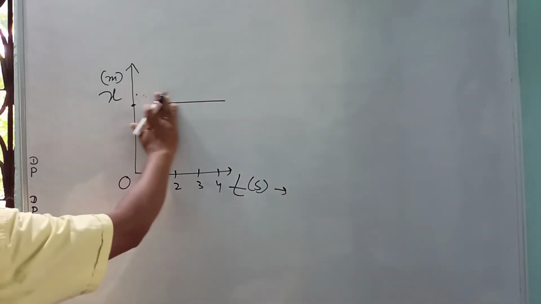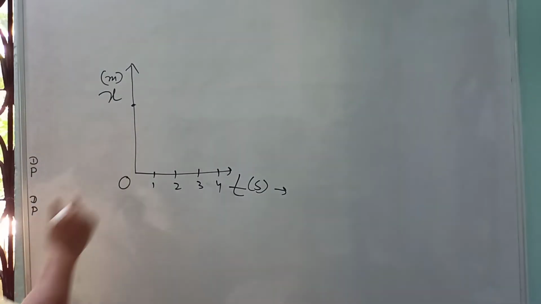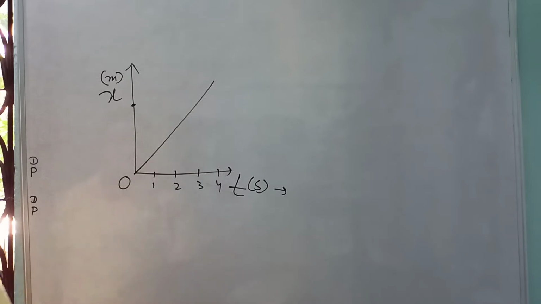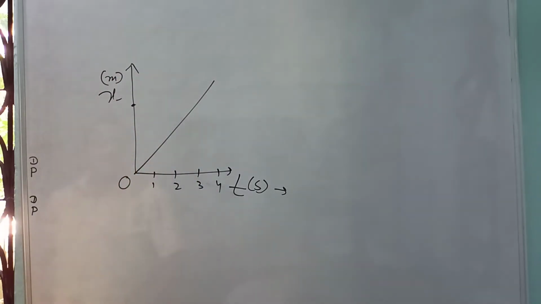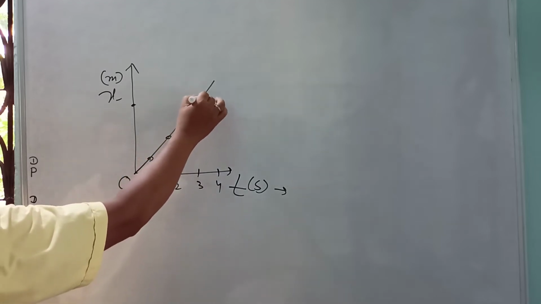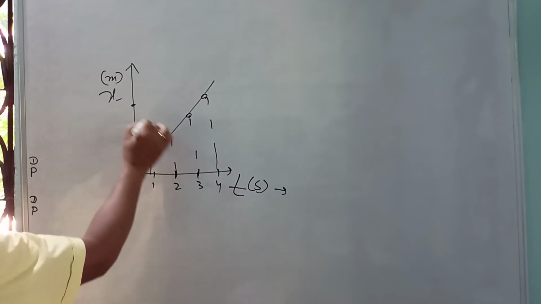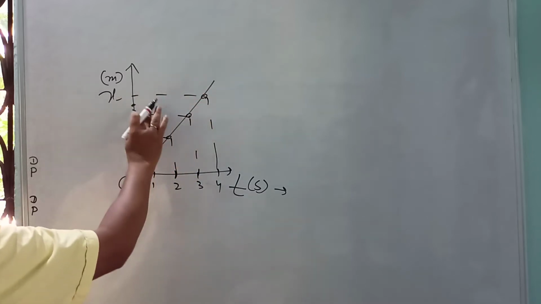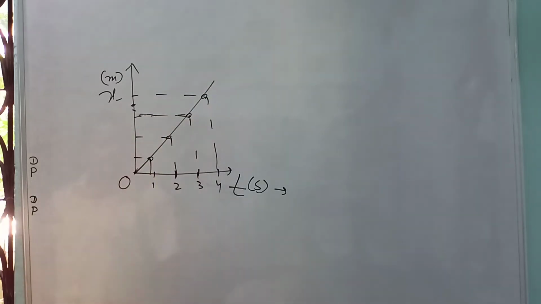If I make the graph like this, what does it mean? With time the position is increasing. You know how to draw a graph like this from your previous class. These are the points, so the graph is a straight line.